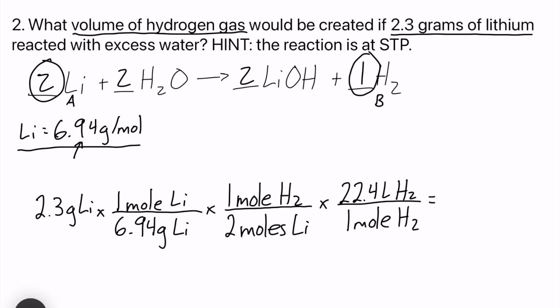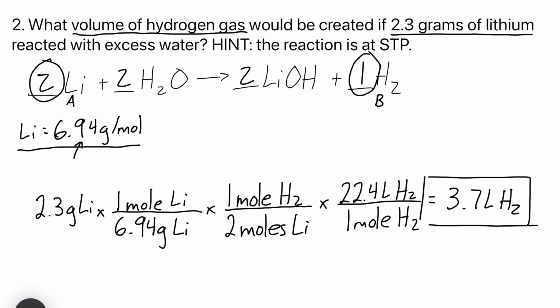Okay. All right, now in your calculator, you would type in 2.3 divided by 6.94 divided by 2 and multiplied by 22.4. And what you should get as a final answer is 3.7 liters of H2.